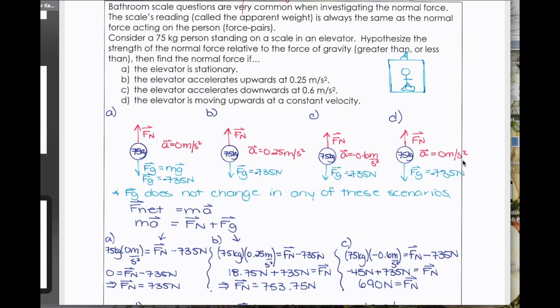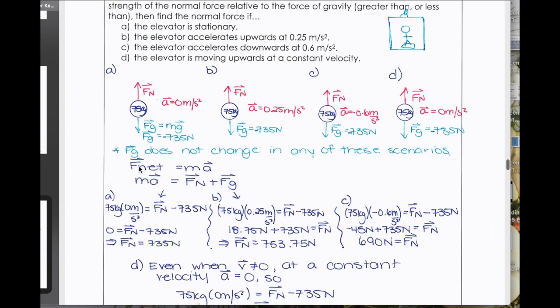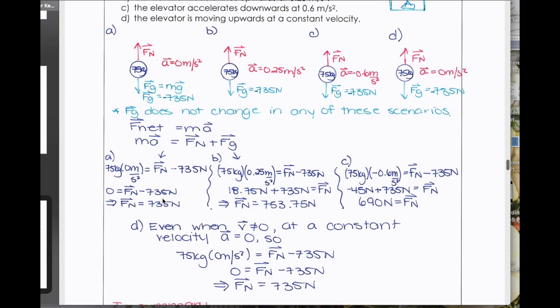And for part D, it's 0 again, because we're moving at a constant velocity, so no acceleration. Once again, F net, which is Fn plus Fg, is equal to ma. They just switched it here, and we're going to use this equation to solve for the different problems.